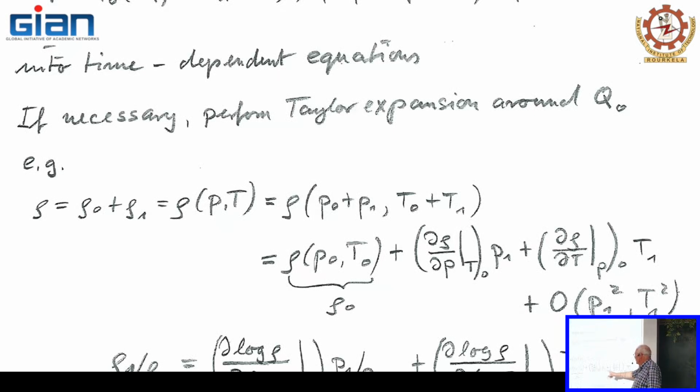Now these are already quantities of first order. Of course, we can drop the second order quantities according to our assumption that the perturbations are small. Well, then the coefficients, or these derivatives, because this is already of first order, can be taken at the stationary model, or at the zeroth order.